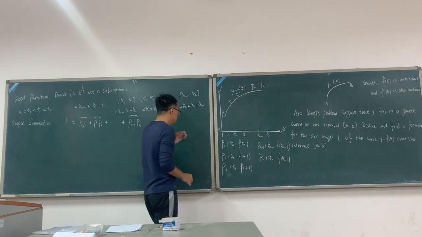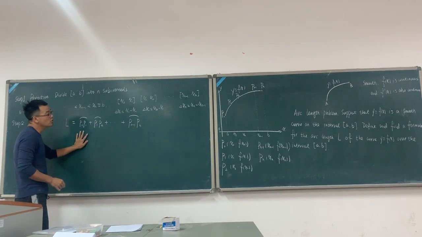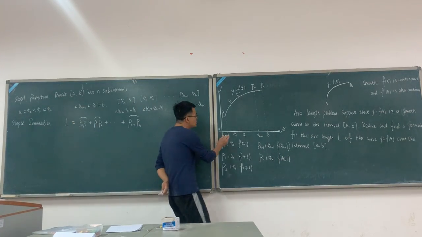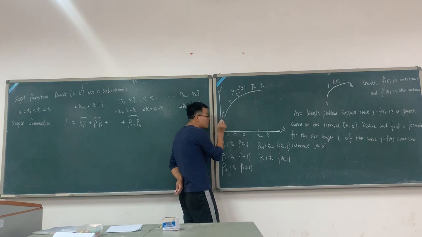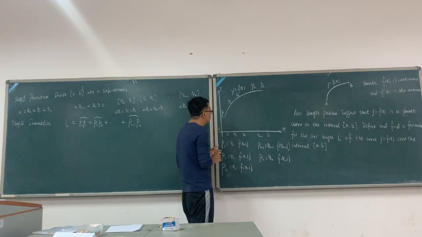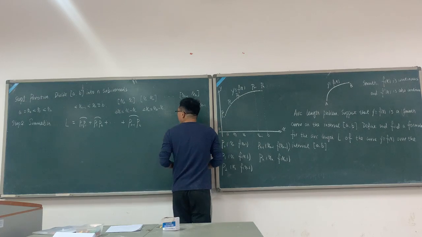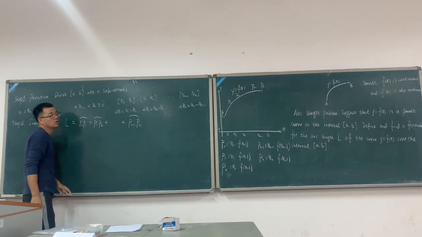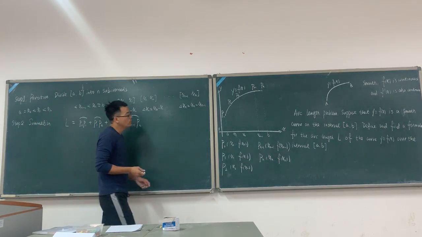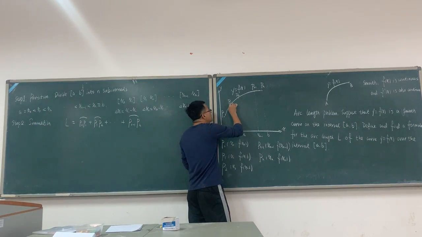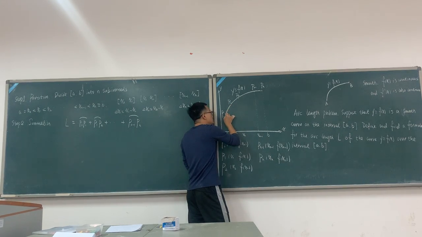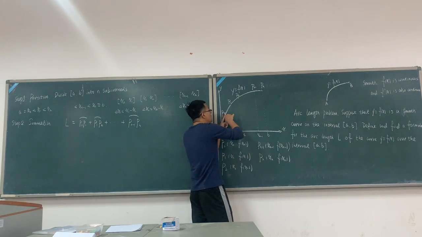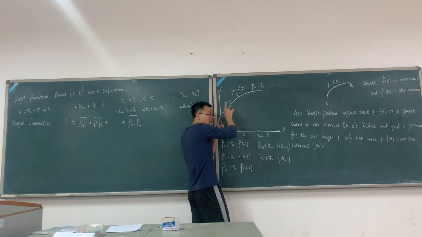So now we can see, when this subinterval is small, we can use the line segment P0P1 to approximate the arc P0P1 hat.